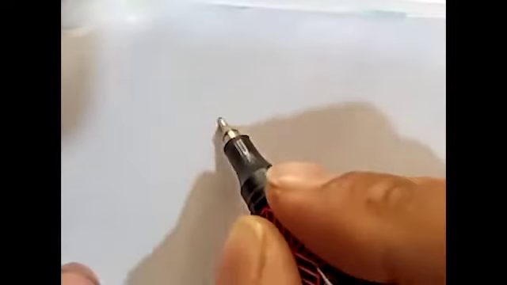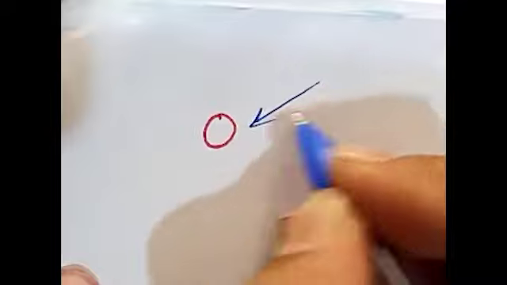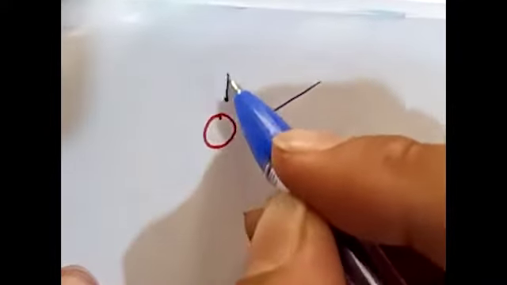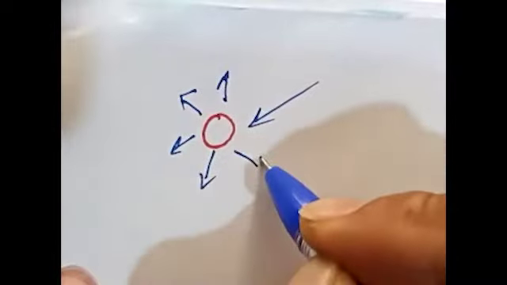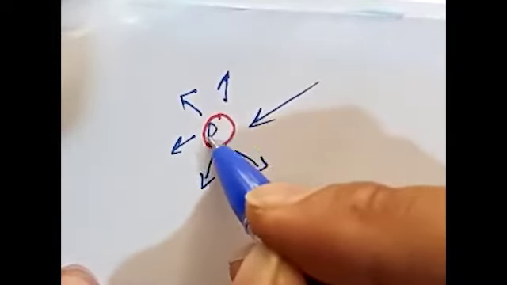Like there is a particle. This light is falling on the particle. This particle is able to scatter the light all around. This is a dispersed phase particle.